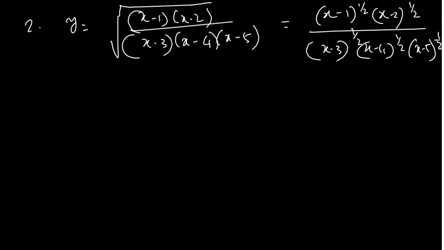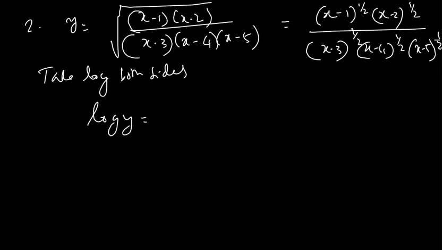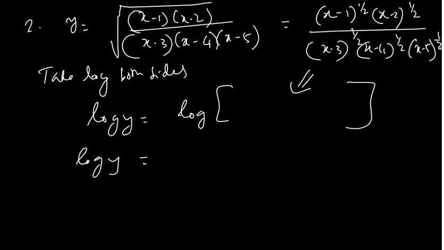Now take logarithm both sides. Log y equal to log of the entire thing. So that simplifies to log y is equal to whatever is in the numerator will get added up: half log x minus 1 plus half log x minus 2.